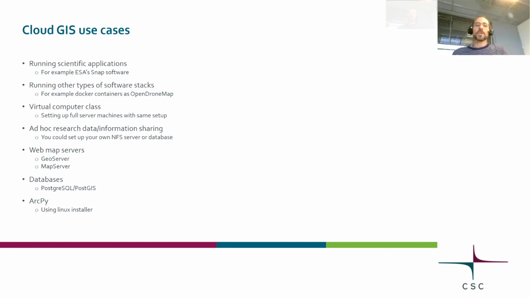Right, but that's for both cloud service platforms that we have at CSC. And just quickly, a short list of GIS or geocomputing cases that could apply well in the cloud. And things that we have been testing are mainly listed in here.